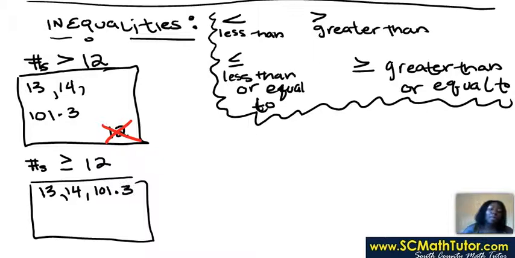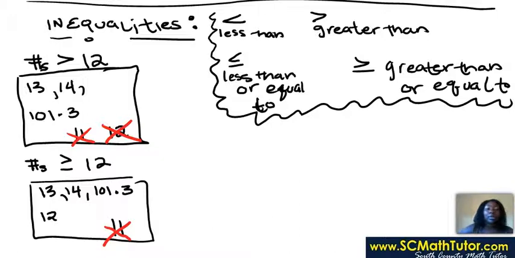Okay, but now 12 is also greater than or equal to 12 because 12 is equal to 12. Okay, well, let's make a list of what it's not. 11 is not greater than 12. 11 is not greater than or equal to 12. Okay, at least let's have one.